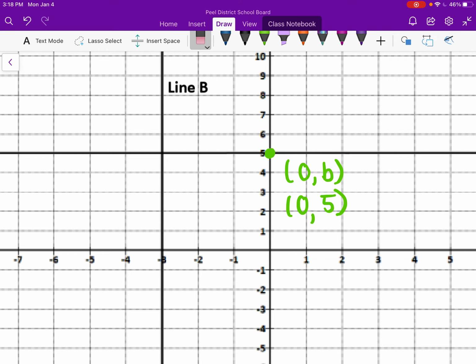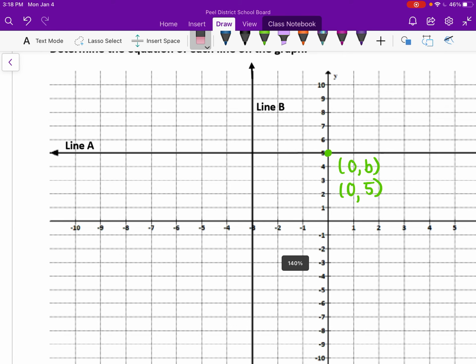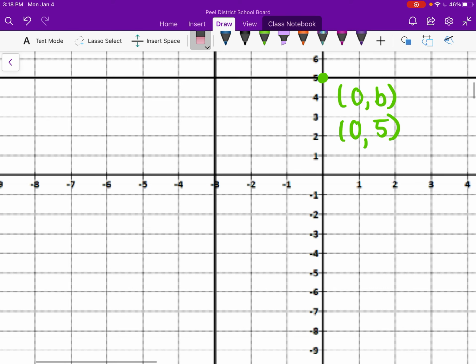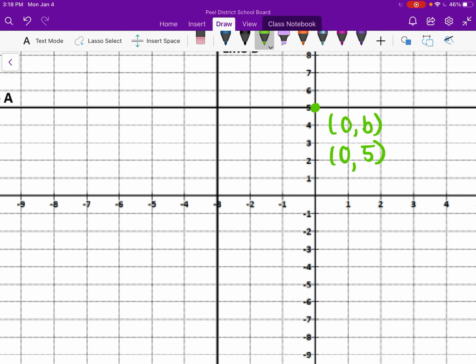So that was line A. Now we're going to look at line B. It doesn't have a y-intercept, but it does have an x-intercept. I like to write these as (x, 0), and it is (-3, 0) that is the x-intercept there. Maybe I'll put that in a different color. We'll put that in orange.